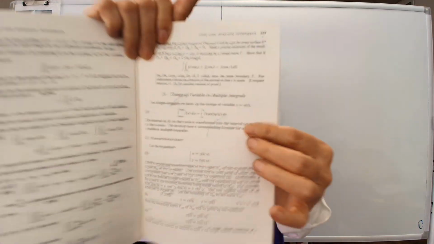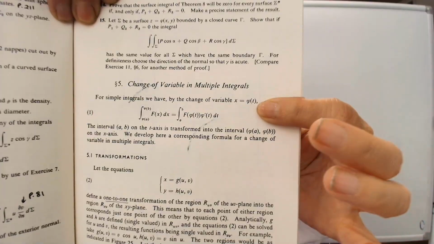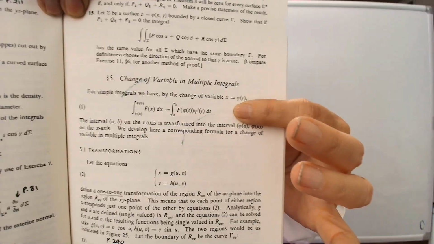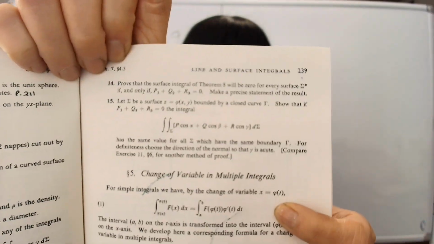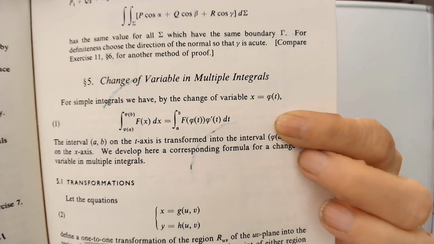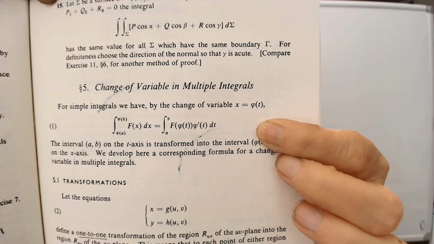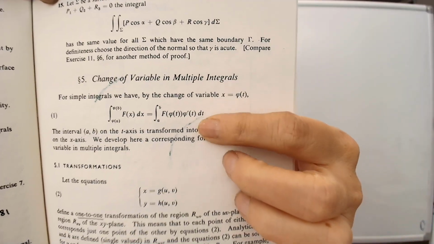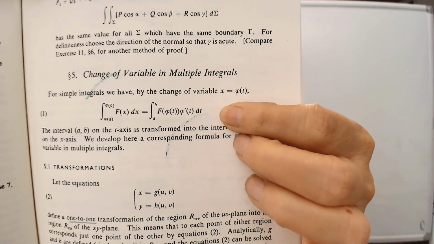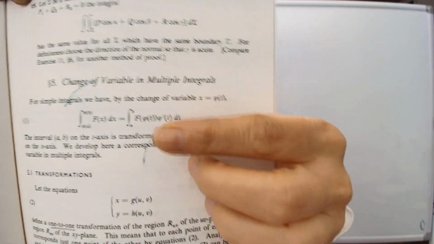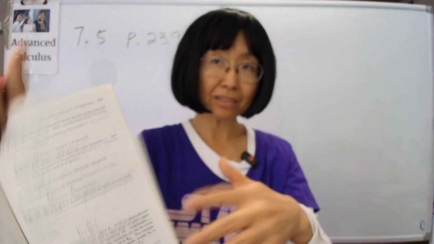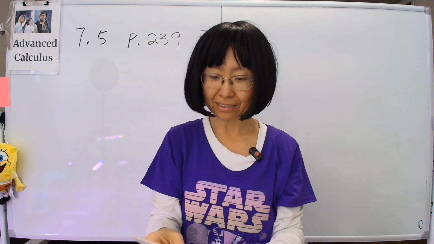For example, if we integrate from phi(a) to phi(b) of f(x) dx, then we can do that trick where we change the variable and turn dx into phi prime(t) dt, and then integrate from a to b instead, with various required conditions.